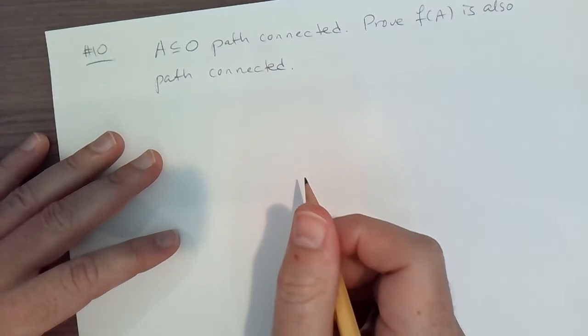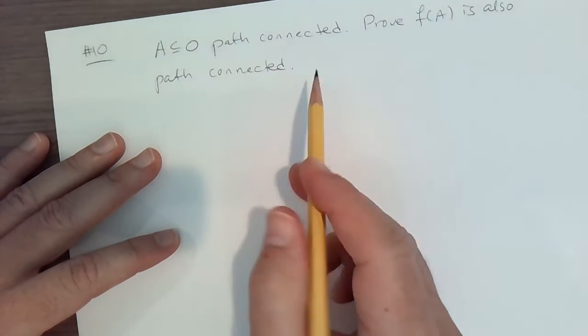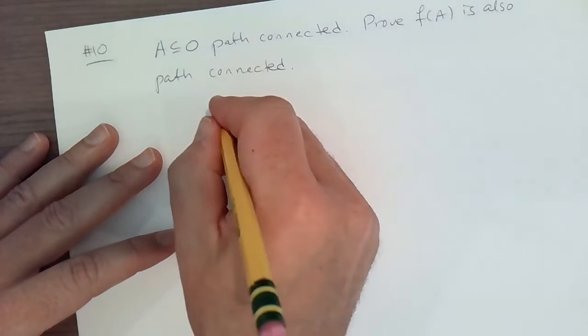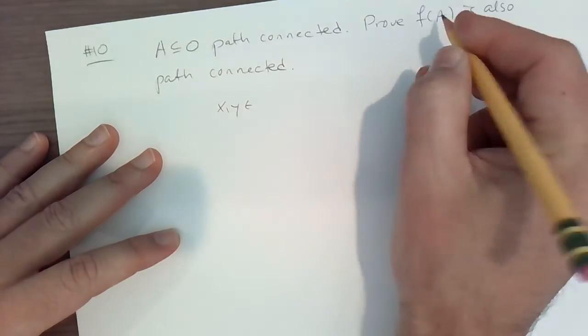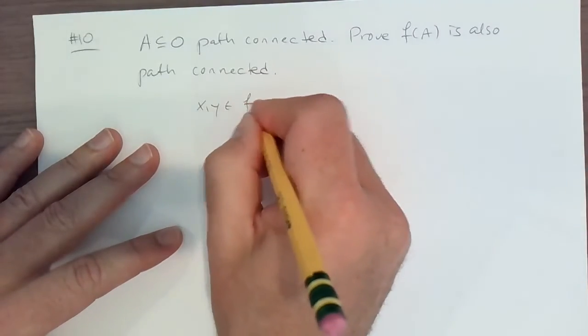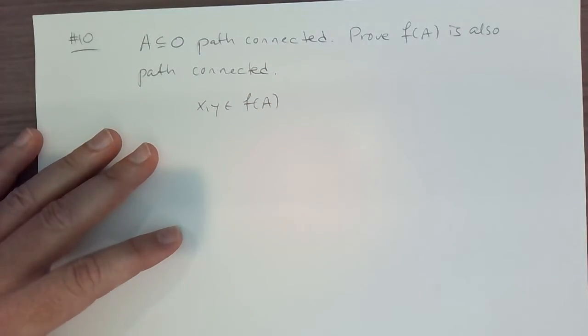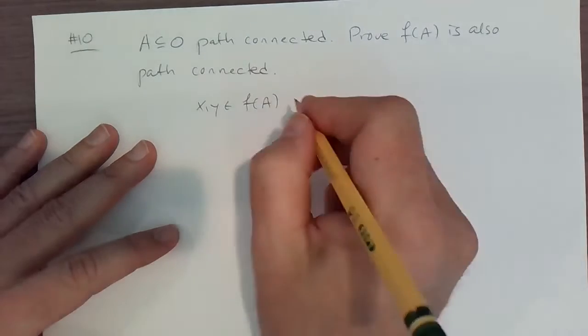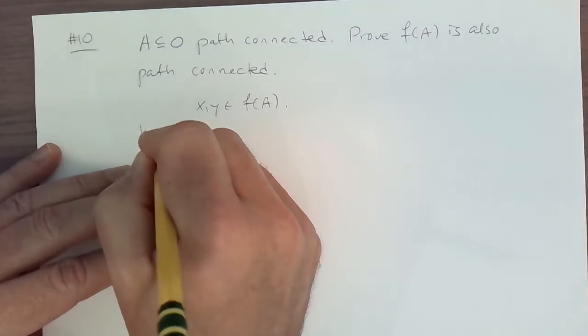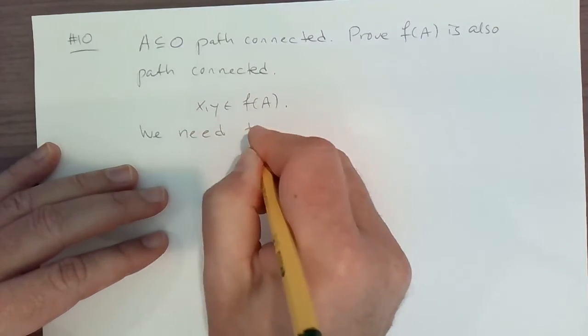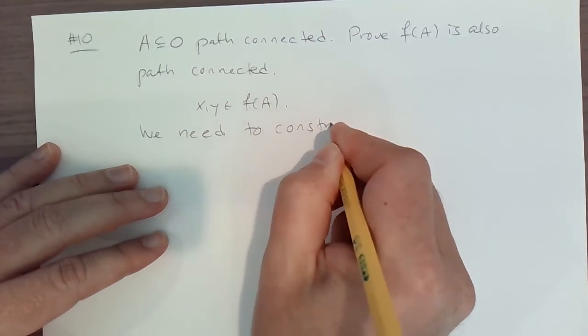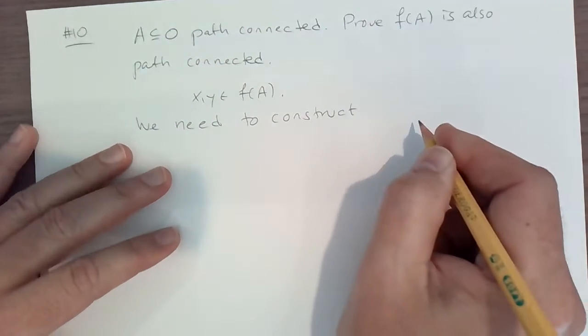I need to take points X and Y in this range, in f of A, arbitrary. All right, so we need to construct a path.